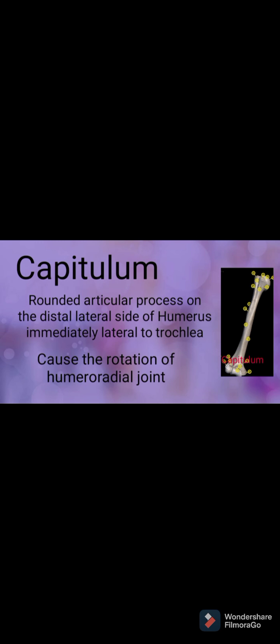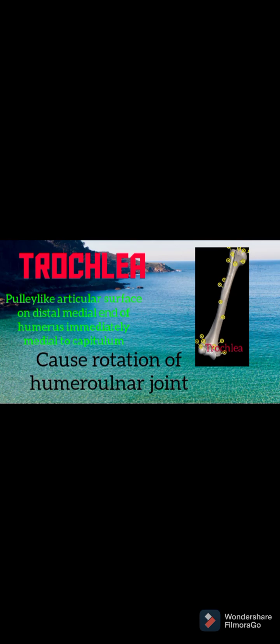The trochlea forms a joint with the trochlear notch of the ulna. Thus, the trochlea and the trochlear notch of the ulna together form the humero-ulnar joint. Thus, the trochlea and capitulum together cause the hinge movement of the elbow joint.